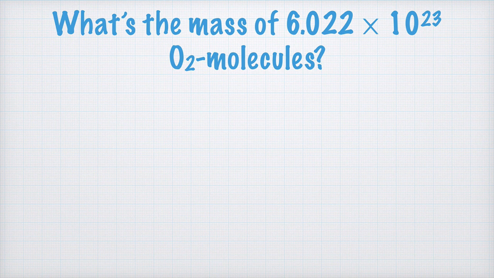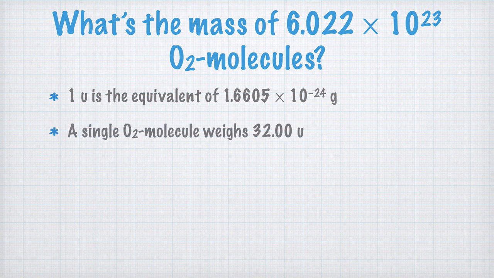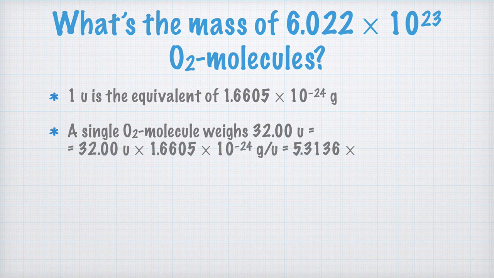As I said before, 1 U corresponds to 1.6605 times 10 to the minus 24 grams. This means that one oxygen molecule, which weighs 32.00 U, also weighs 5.3136 times 10 to the minus 23 grams. And once again, don't trust me.